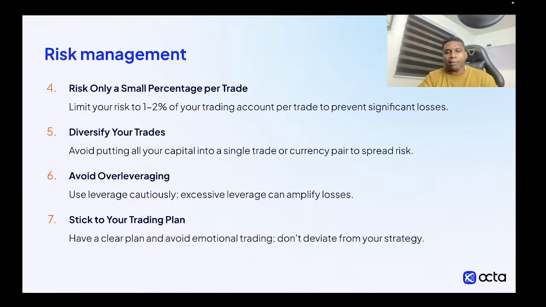Avoid putting all your capital in a single trade or currency pair to spread your risk. What this means is, say you are using 0.3 lot size on your account, don't put it on a single trade. Spread it: take 0.01 lot size on one currency and 0.01 lot size on another currency.